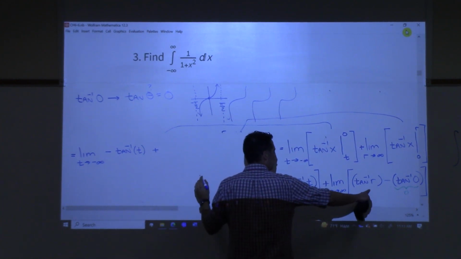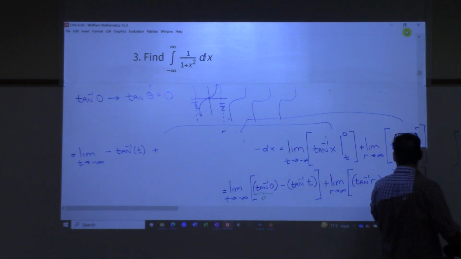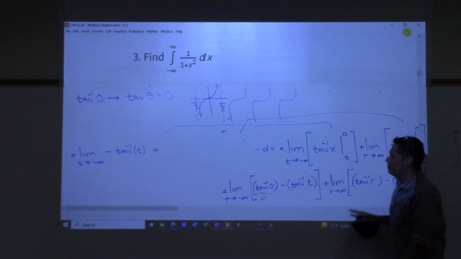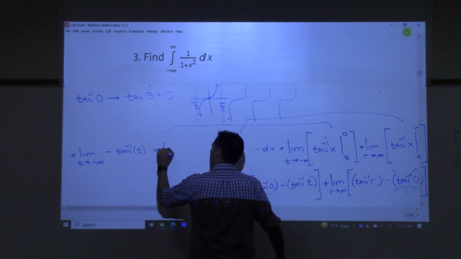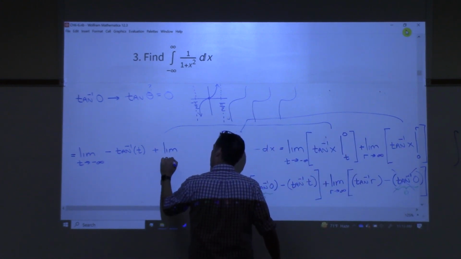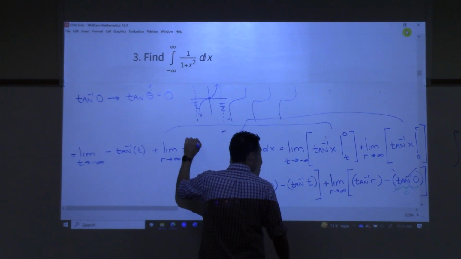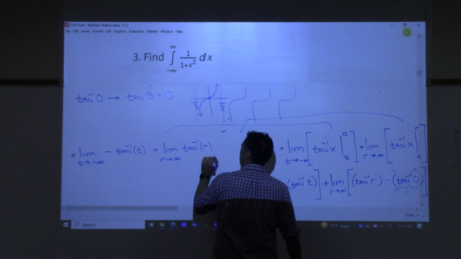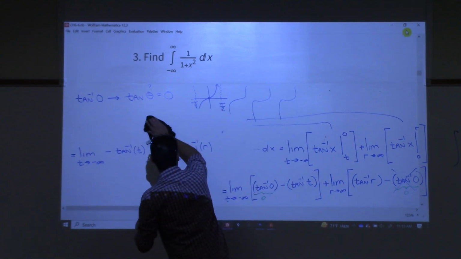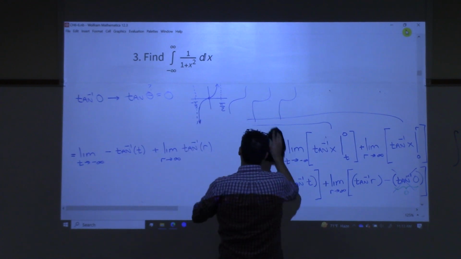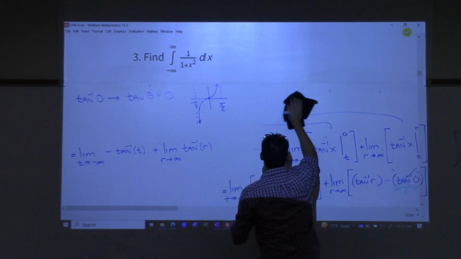Then over here, same thing. This one went away, so I have limit r goes to infinity of this, and I'm going to put the r in parentheses. I should have maybe done that to begin with. It's not wrong what I put down there, but maybe it's confusing.